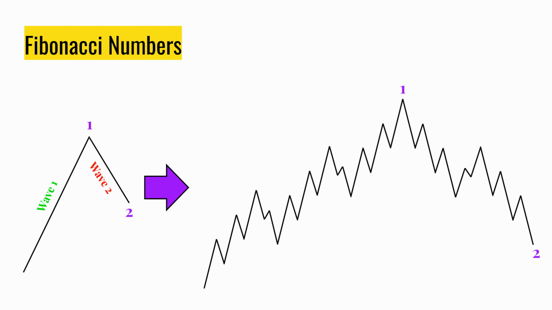Our first subdivision is dividing wave 1 into 5. Why do we divide it into 5? We divide it into 5 because it is a rising wave in that it follows the direction of the trend, which is the uptrend. Wave 2 can also be divided very similarly, but since it's a correction wave, as it is going downward in an uptrend, we subdivide it into 3, which is labeled as A, B, and C.